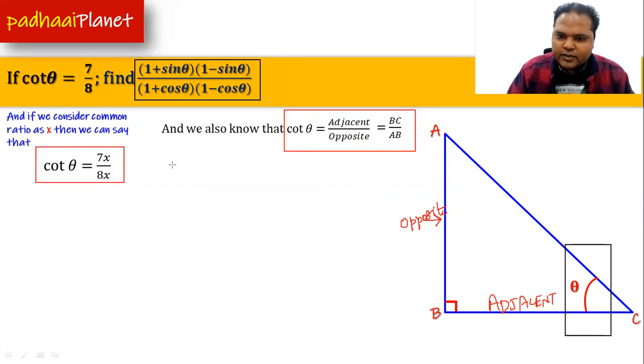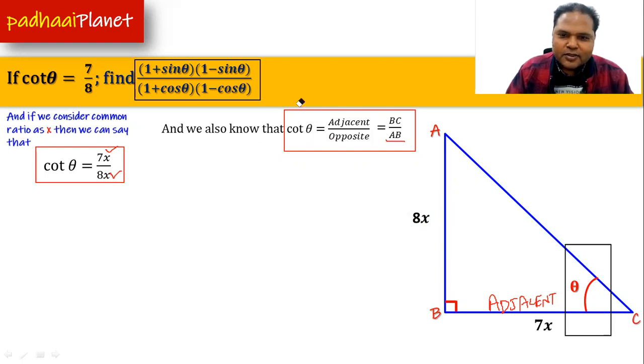With the help of these two, we can easily say that BC is 7x, and AB is 8x. So with this, we now have these two sides in our triangle: this is 8x and this is 7x.